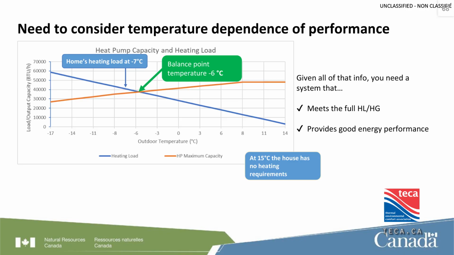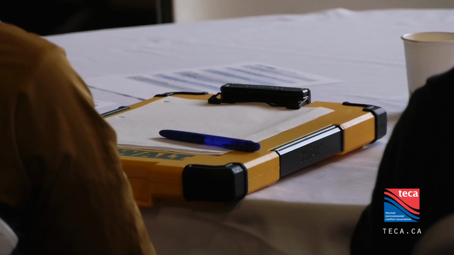We have to keep in mind the temperature dependence of performance when it comes to heat pumps. In this graph, we're showing that at 15 degrees C, there's no need for heating at that point. So anywhere below that, the heat pump will be working at its optimal performance.